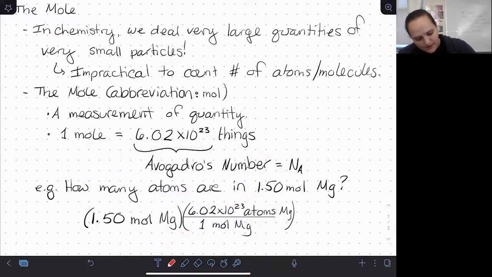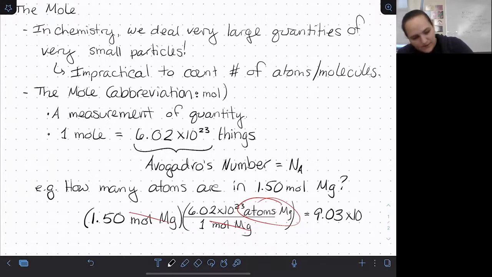So when we have it set up this way, moles cancels with moles. We are left in units of atoms, which is exactly what we are looking for. And we get about 9.03 times 10 to the 23rd atoms of magnesium are present in that sample.